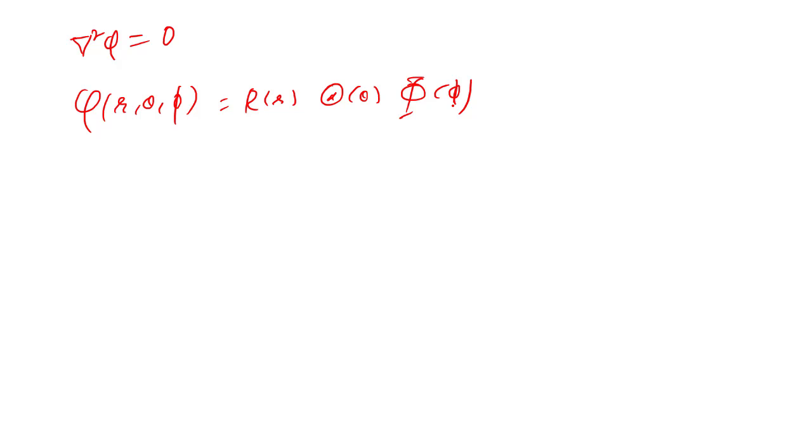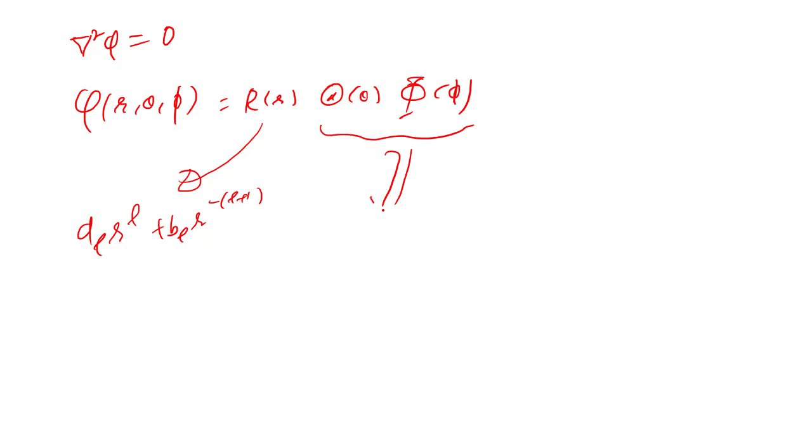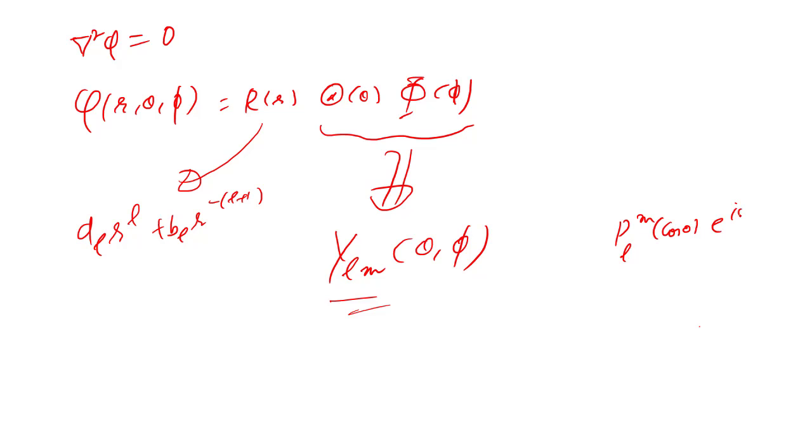By separating the variables, we have seen the solution looks like B_l r to the power minus (l+1), and the solutions to the angular parts are Y_lm of theta phi. So Y_lm combines the Legendre polynomials of cosine theta and e to the power i m phi. Putting them together, we call them the spherical harmonics.